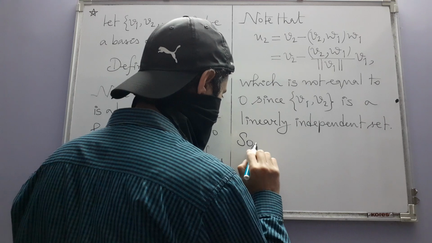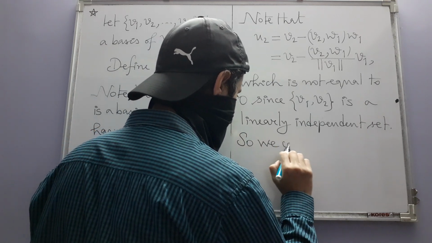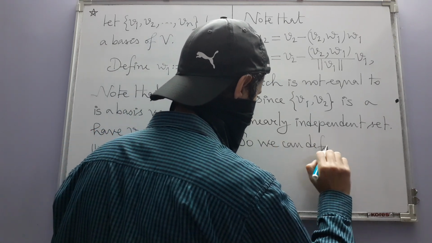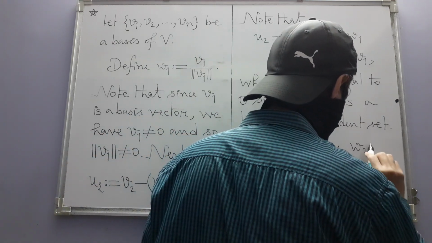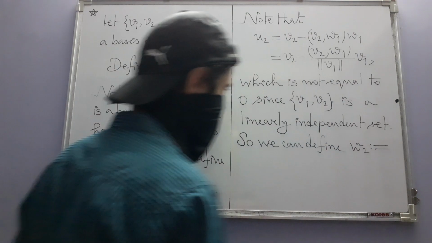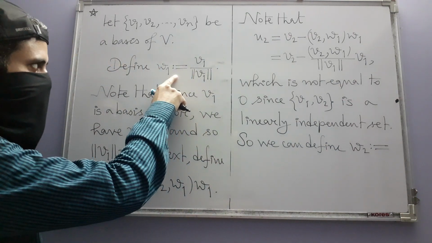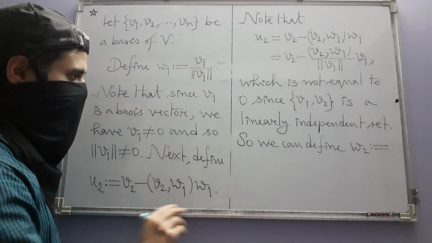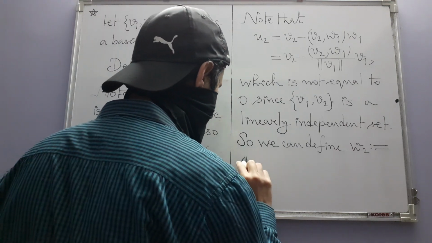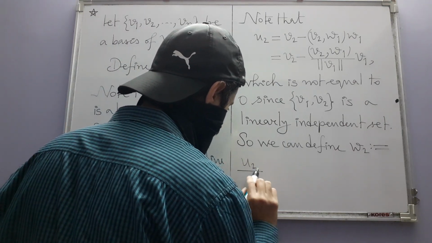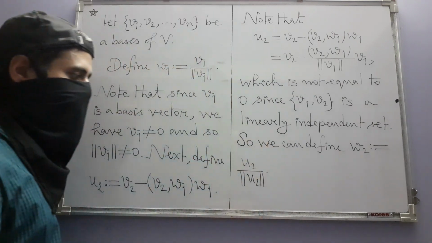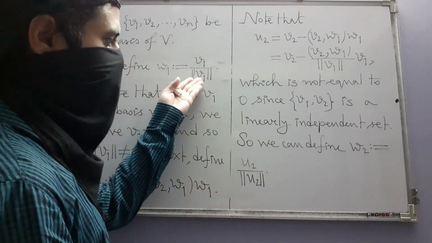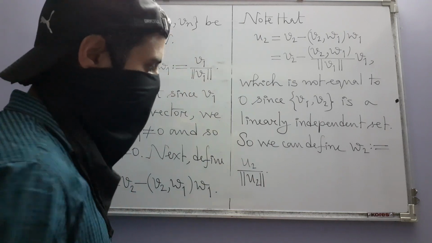So we can define a vector W2 now. Here we define W1, that's where the process starts. Now we are defining W2 to be U2 divided by its length, just like this one was V1 divided by its length.